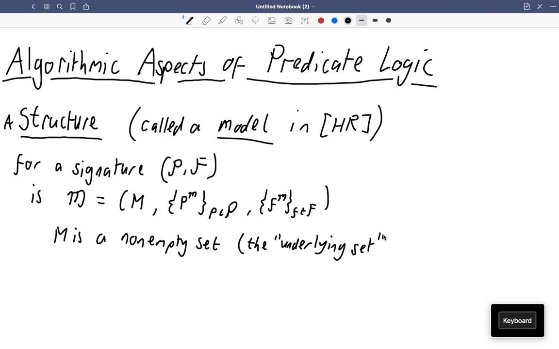Of the structure, the underlying set of the structure, or also sometimes the universe of the structure. So I should have said underlying set of the structure, or the universe.